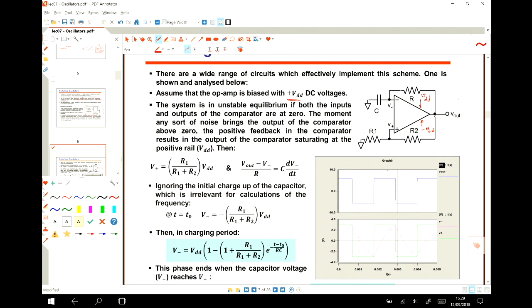So if you look at this path, then the voltage at this point, the V plus, can easily be found. No current is going into the op amp, and the voltage at the V plus is just the voltage divider between these two resistors.